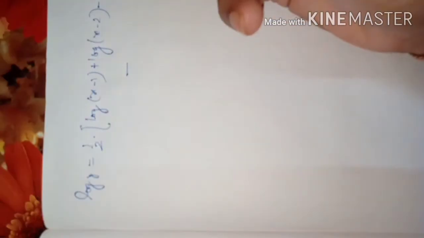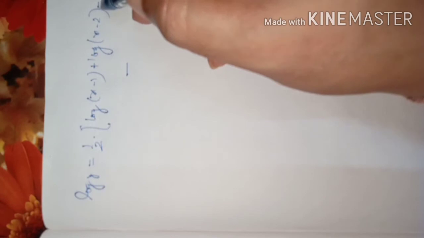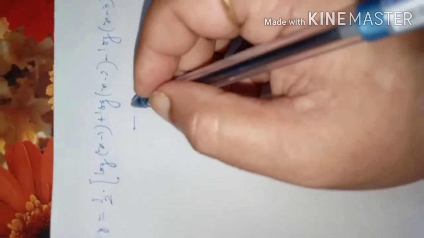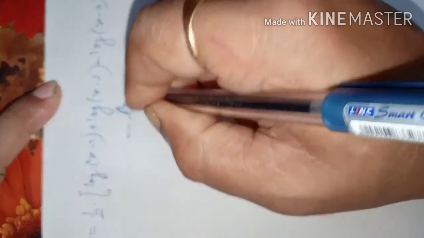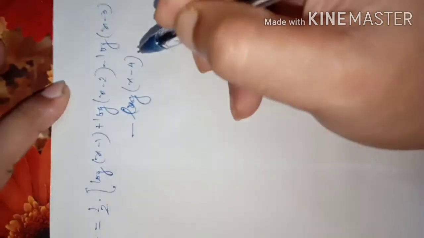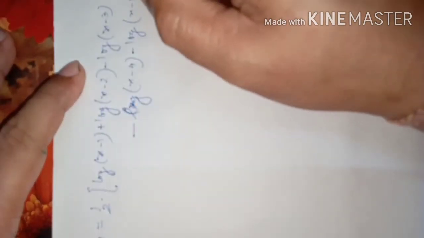So log y will be equal to half times log of x minus 1 plus log of x minus 2 minus log of x minus 3, minus, because that plus will become minus as in front there is a minus sign, minus log of x minus 4 minus log of x minus 5, bracket closed.